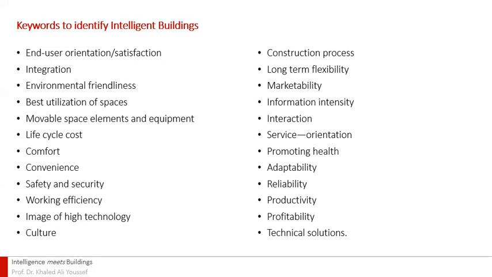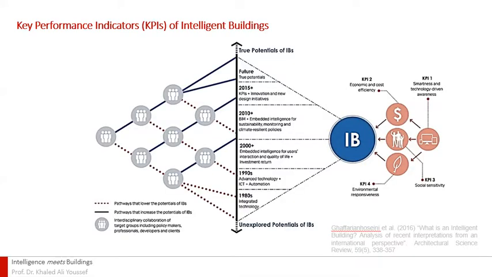Summing up, and based on the definitions of intelligent buildings and the wide spectrum of approaches developed, the following 24 benefits or keywords are somehow interrelated with intelligent buildings. These include user satisfaction, comfort, best utilization of space, life cycle cost, productivity, interaction, etc. The previously mentioned benefits can be categorized into four main categories or KPIs.